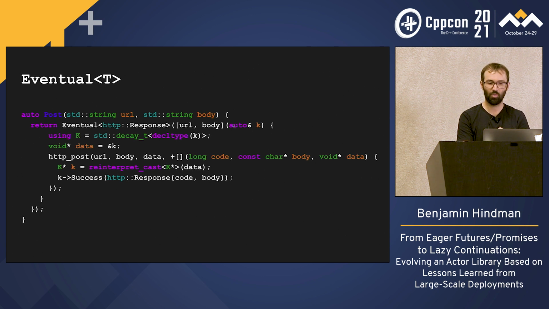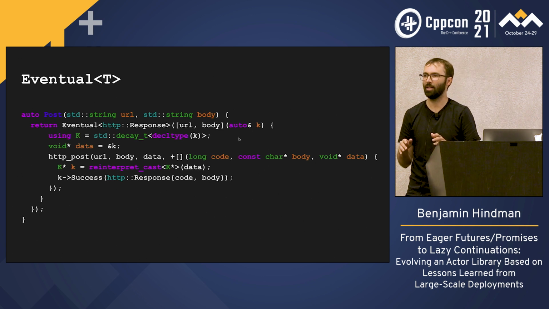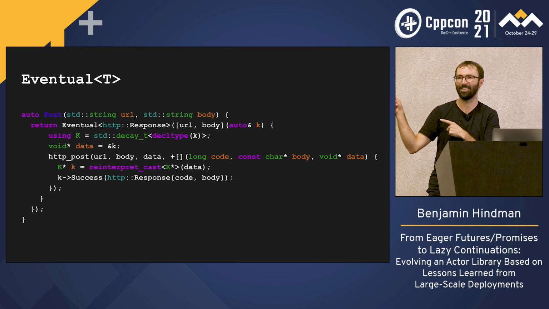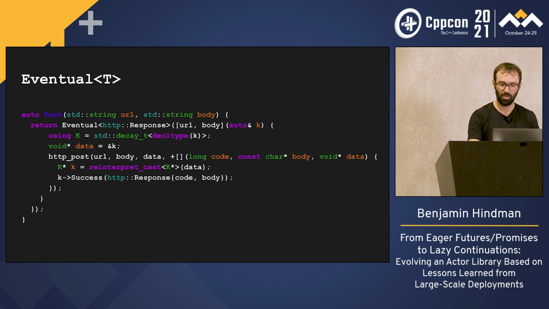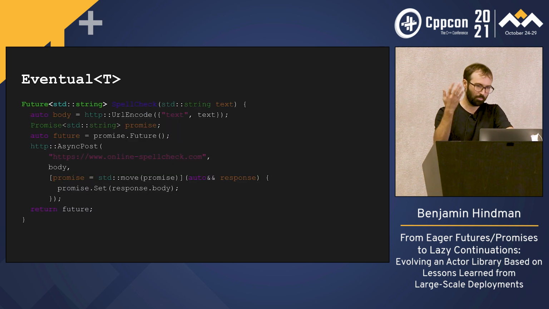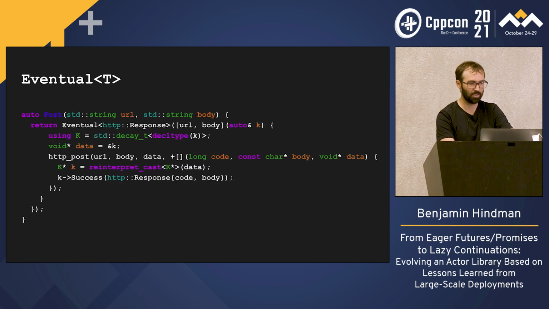Okay? So what's the type of this thing? Who knows? This would not be a library that we'd be building before we could put an auto there, right? Because everything is really composed lazily. So what do I mean by that? Well, if we go a level higher, this is the post function.